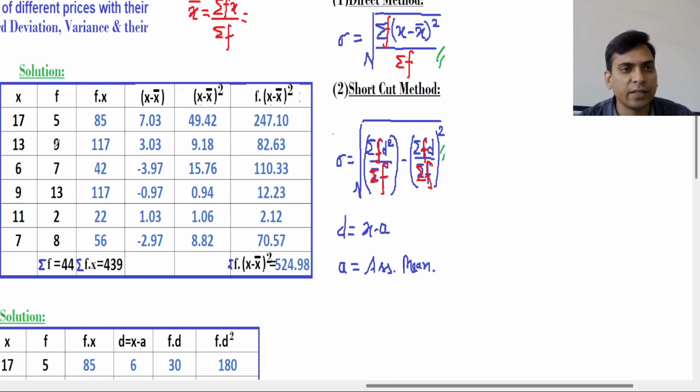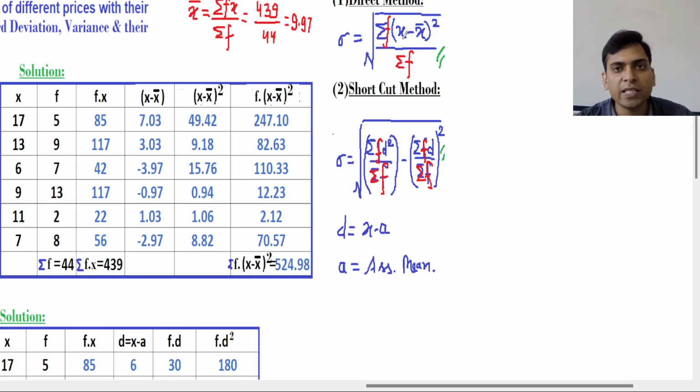This f into x, 13 into 9, is 117, and the total is 439. This total 439 is divided by 44. So this is 439 divided by 44, which is 9.97.